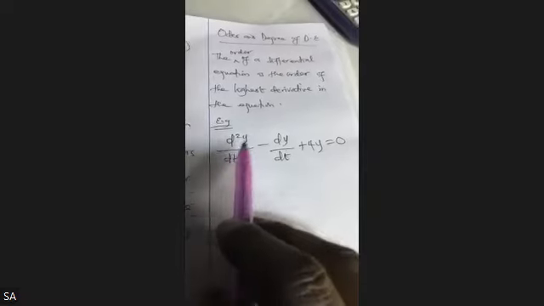Which one is the highest order? d2y is the highest order. There's dy, first order, second order. So here is second order. This is example 1, and it is second order.